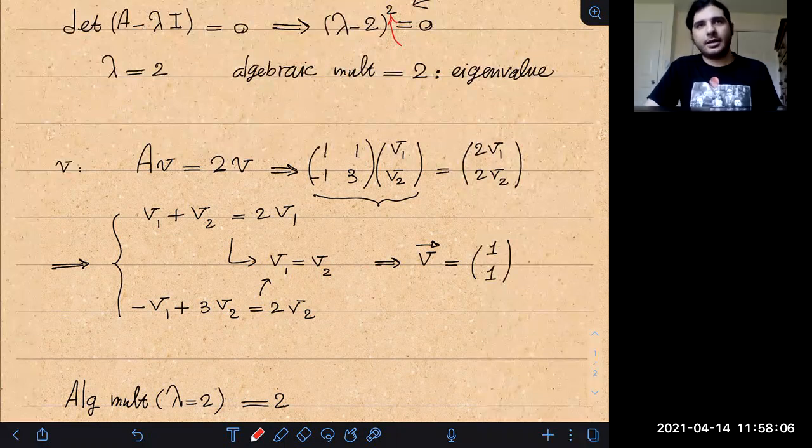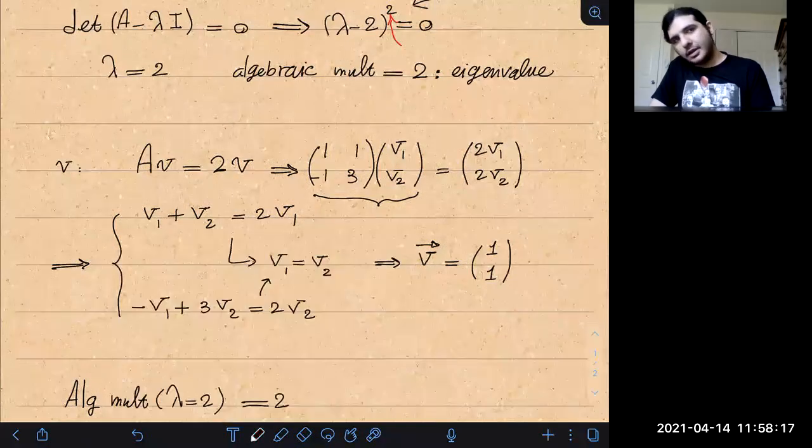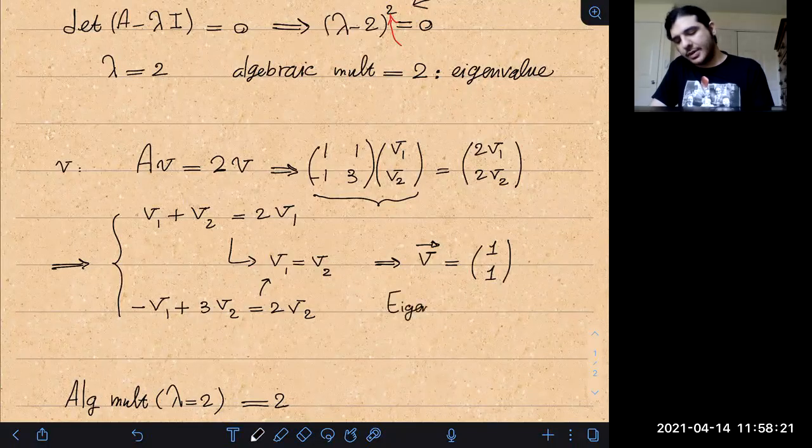It's an eigenvalue with multiplicity 2. But the eigenspace corresponding to lambda equals 2 is just the span of this vector, which is one-dimensional.